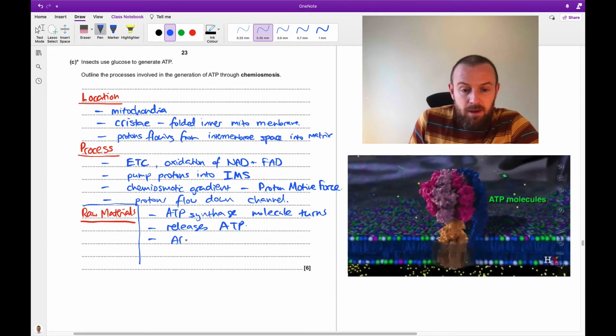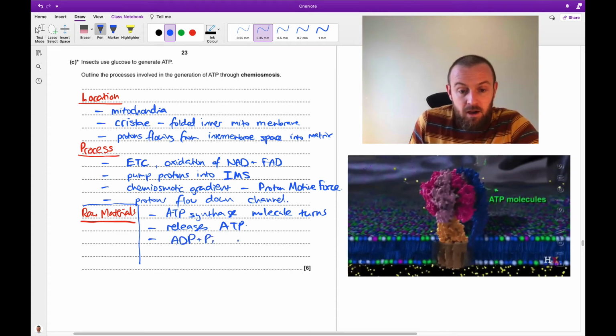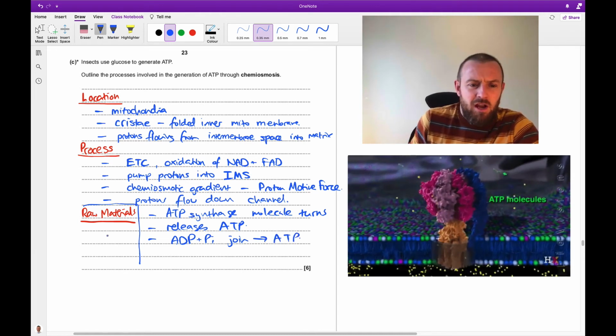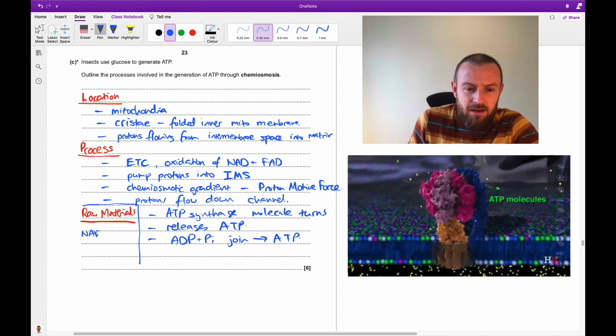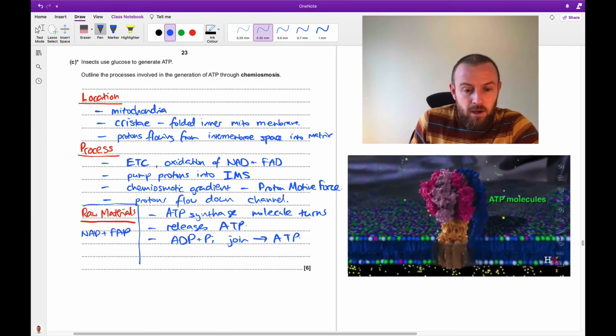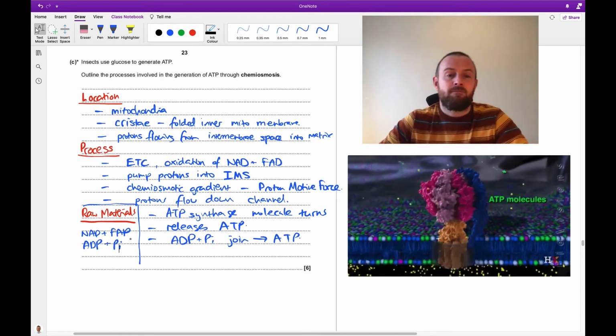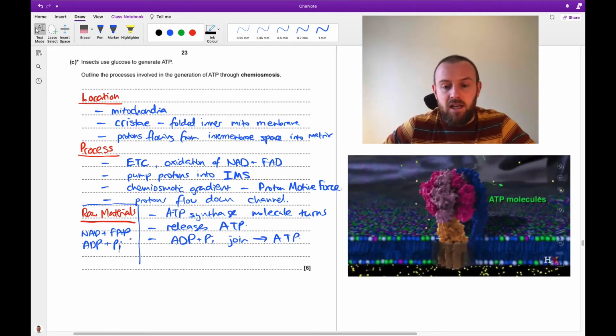So we could say ADP plus Pi join to make ATP. Raw materials, I think I've already covered it, but I just wanted to briefly talk about NAD and FAD, and also ADP plus Pi. Okay, that is definitely going to get us 6 marks.